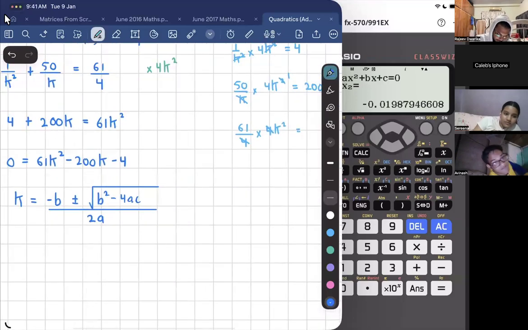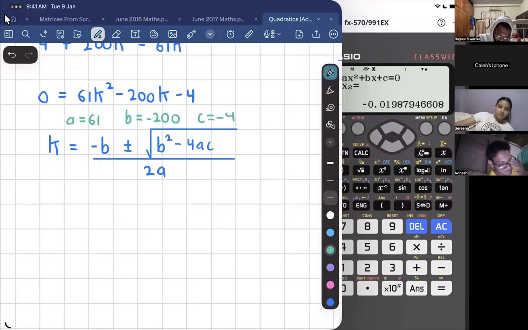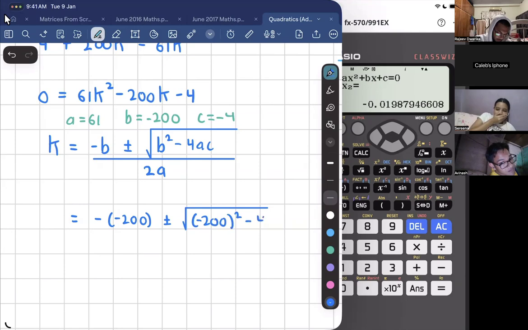Tell me fast. 61, 204, minus 4. Yeah, so that's going to be minus 200. I'm not skipping working. Plus or minus b squared, that's going to be minus 200 squared, minus 4 by a by c.